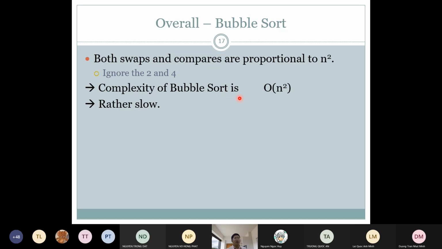Without knowing the details of the operations for each algorithm, what people can check to determine the complexity is whether we have two nested loops and both loops are related to n. So we have complexity n squared because we have nested loops.